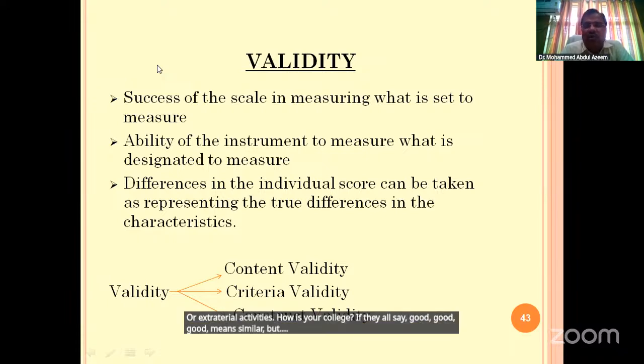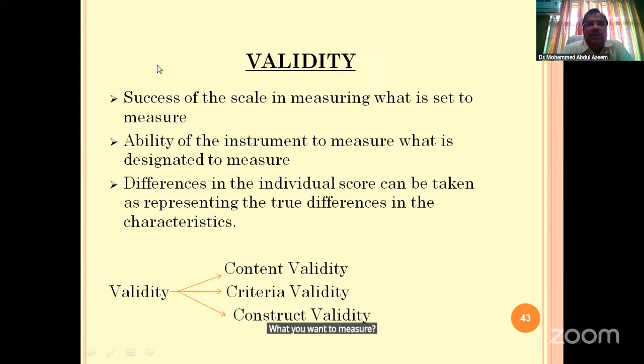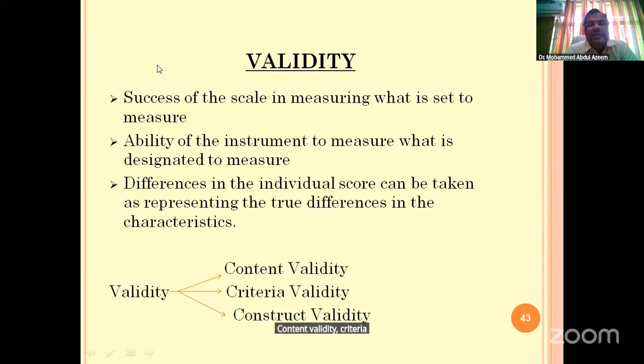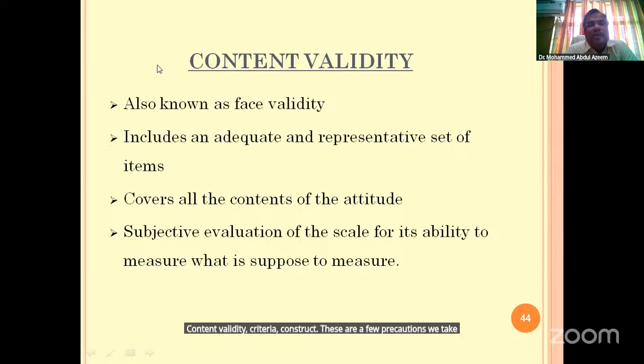But what you want to measure is whether the curriculum being taught is good or bad. That content should also be good. So there are various ways, such as content validity, criterion validity and construct validity. These are a few precautions we take. Content validity is the face validity, which includes a representative set of items.